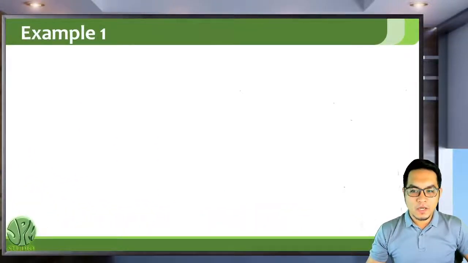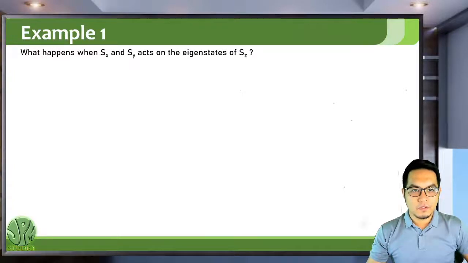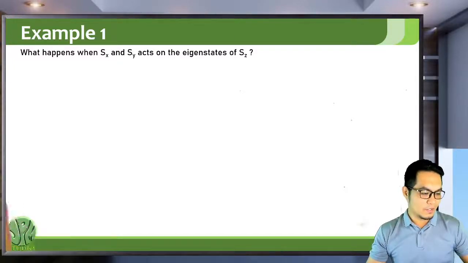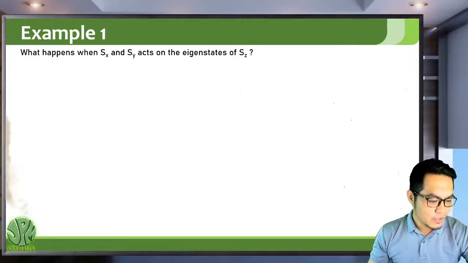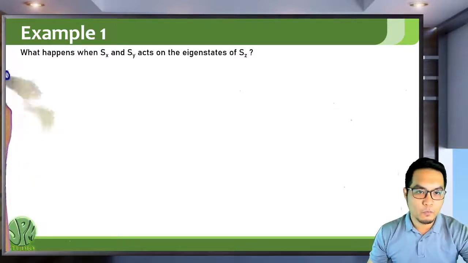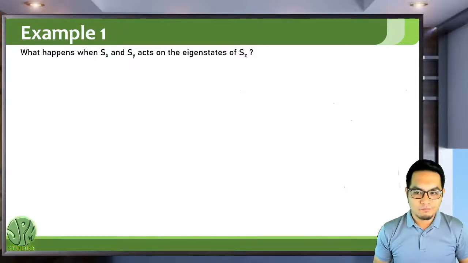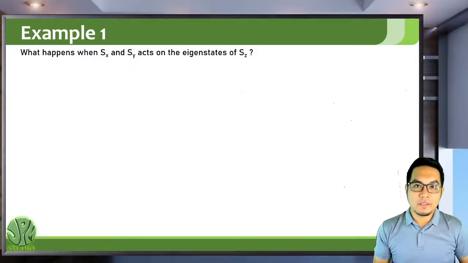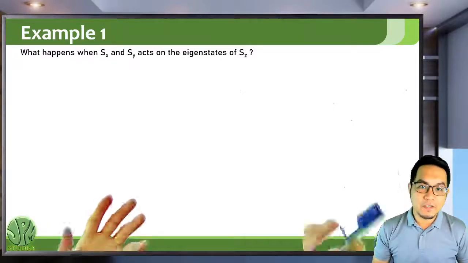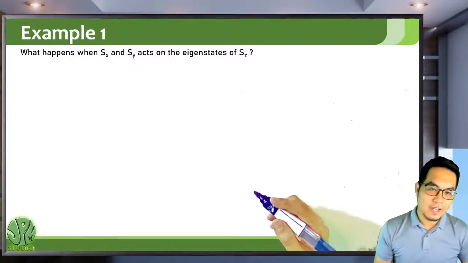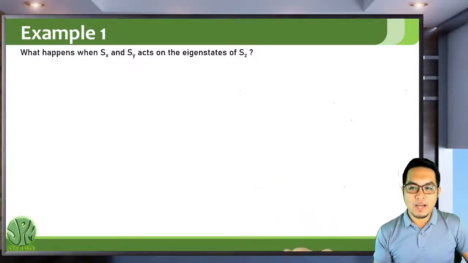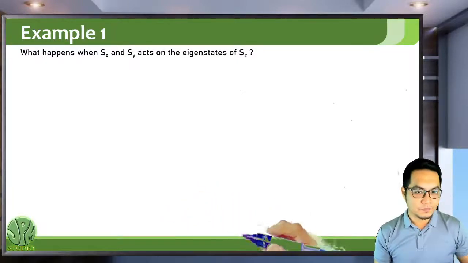So let's now go to an example. What happens when Sx and Sy act on the eigenstates of Sz? The result of this problem will show you that the eigenstates, or eigenspinors, of Sz are not the eigenfunctions of Sx and Sy.